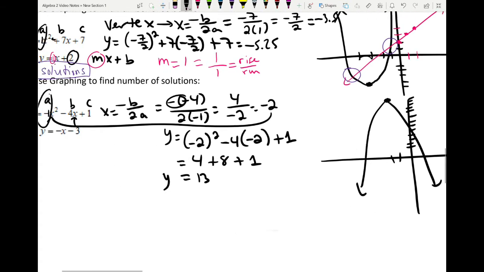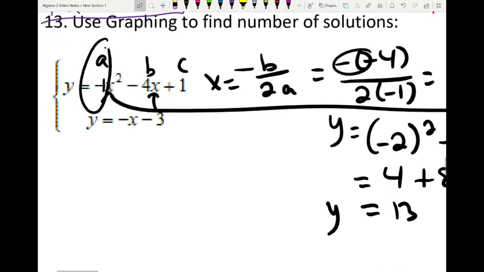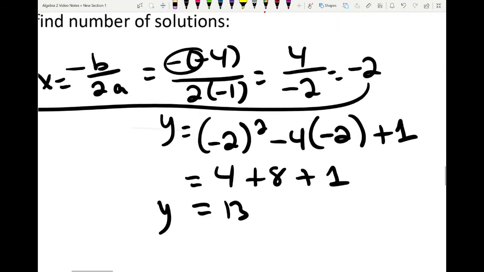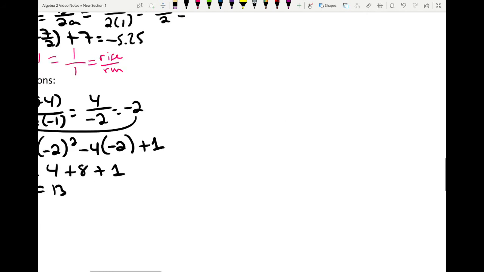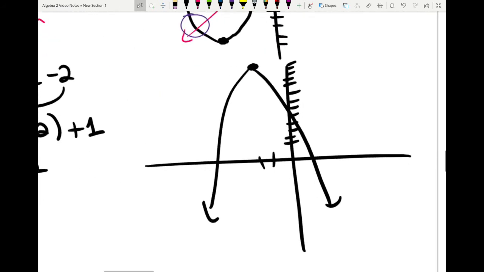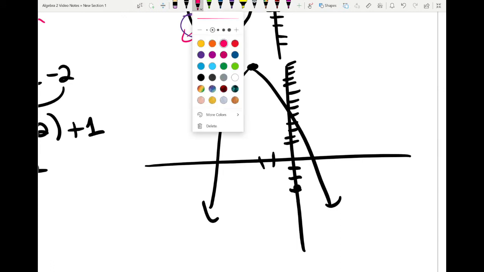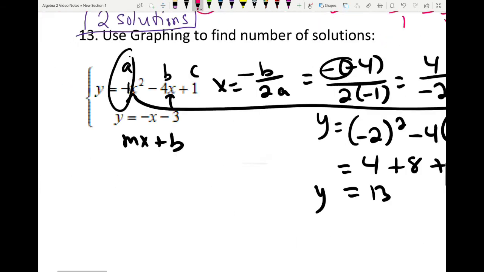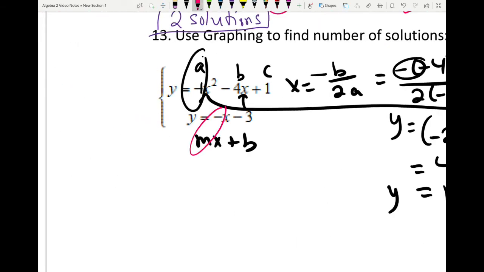All right. And then for our line, this is mx plus b. My y-intercept is negative 3. So let's do that first. We're going to plot that down here, in a different color. And then our slope is negative 1, which is the same thing as negative 1 over 1.